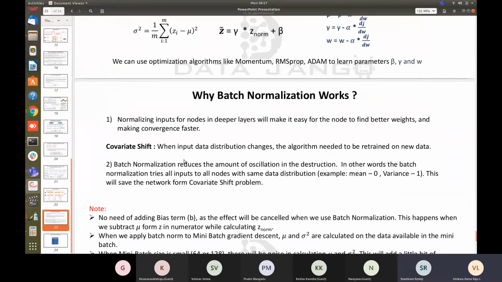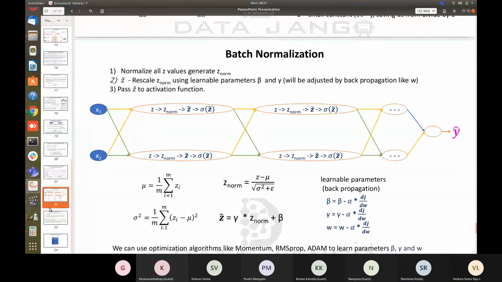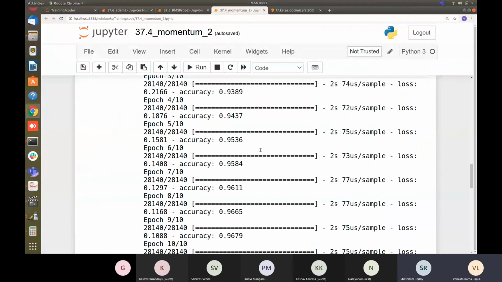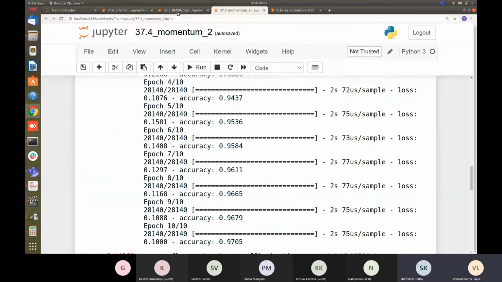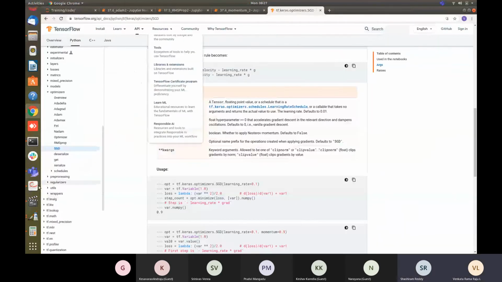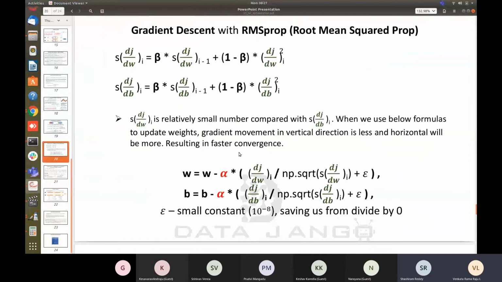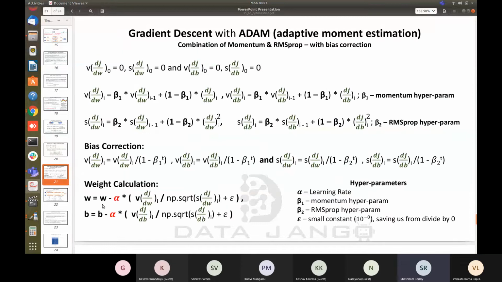Sir, can you please go to the RMS prop once? Slides. Where are we actually using B1 and B2? Maybe the next one, I think. Adam. Okay, Adam, please go there. So where are we using both B1 and B2 here, sir?